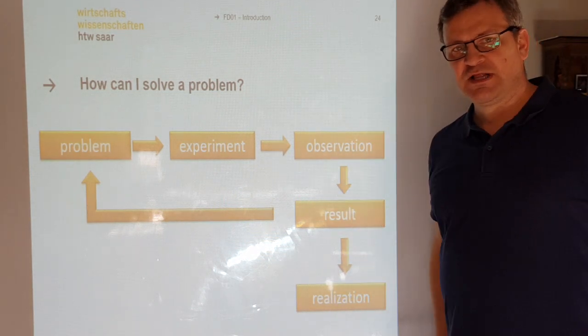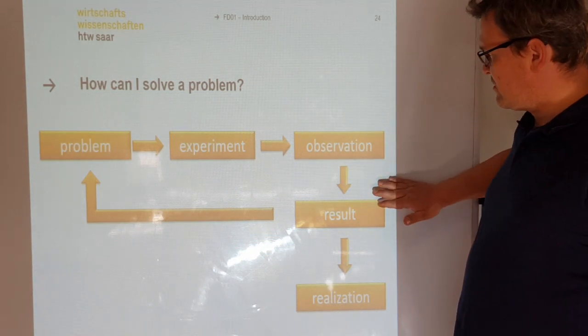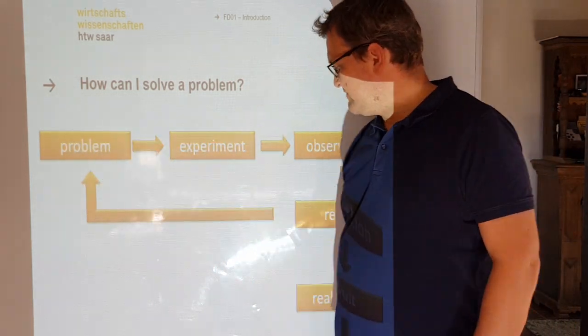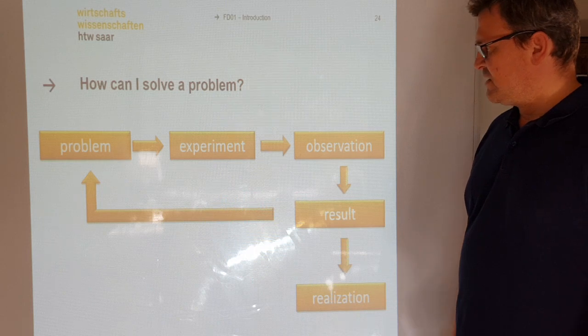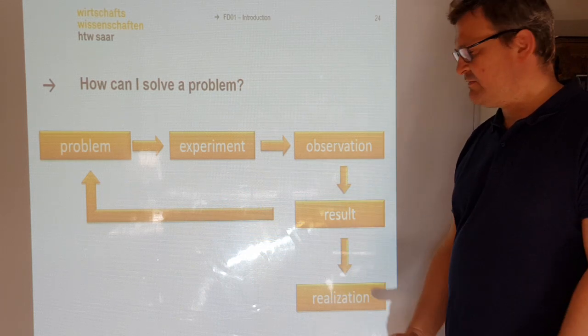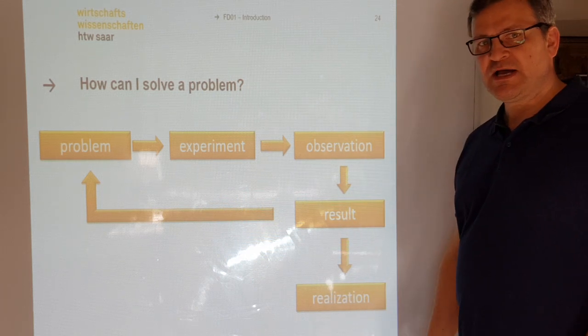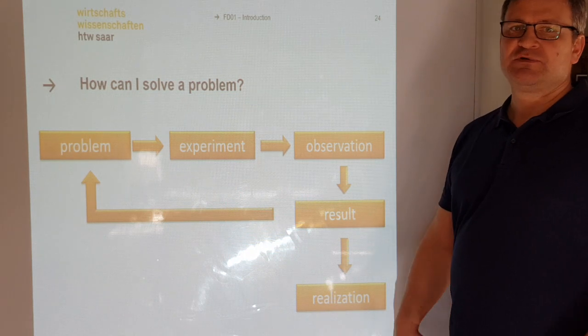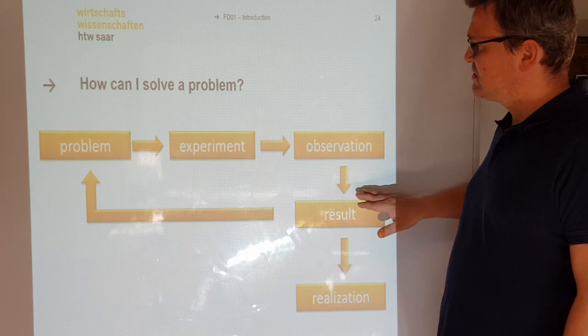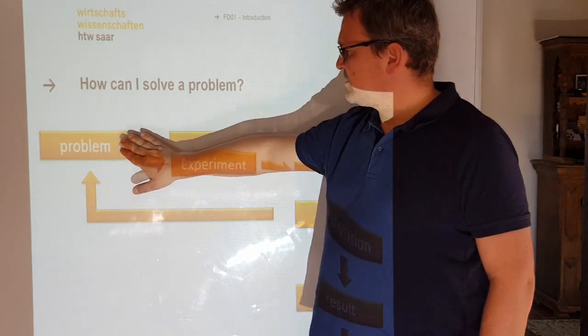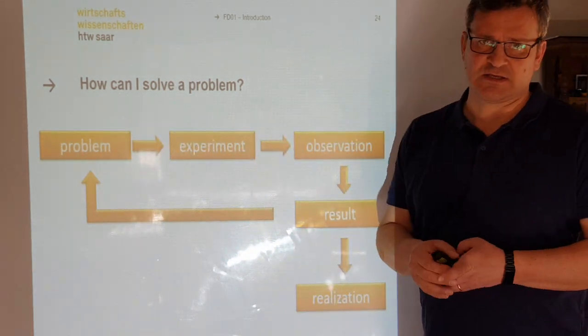And now if we collect these results, we can go back and look if they solve our problem. And if we say yes, we solve our problem, we realize the solution. And if we say no, the results are not useful for us, we can go back to the problem and start the cycle again.